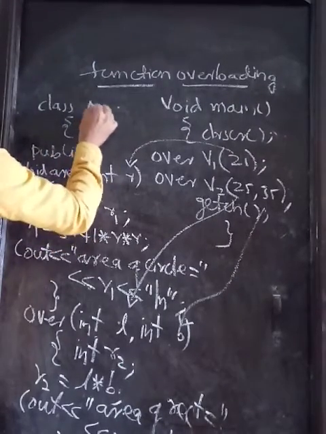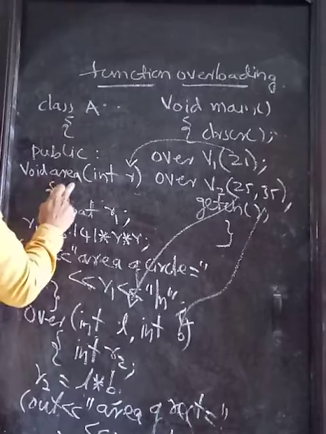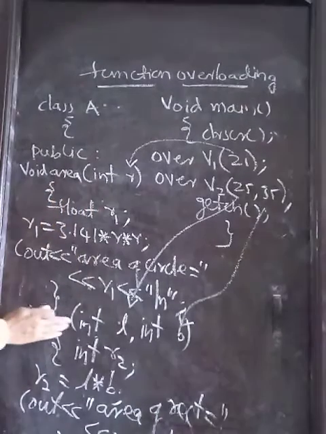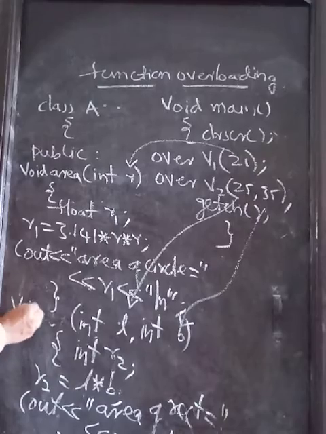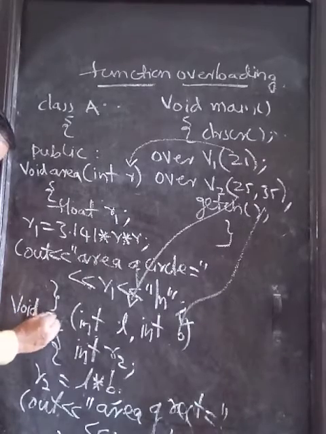I am taking the class name as capital A, void area integer R. Then here again void area.